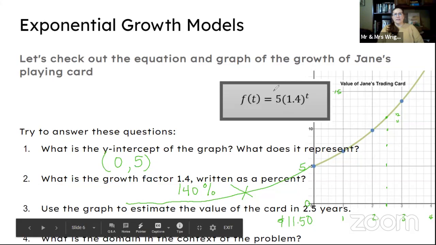So the domain in this case cannot include those negative numbers. So X has to be greater or equal to 0. So 0 or greater, okay? Or in this case, T, not X, excuse me. T is greater than or equal to 0.